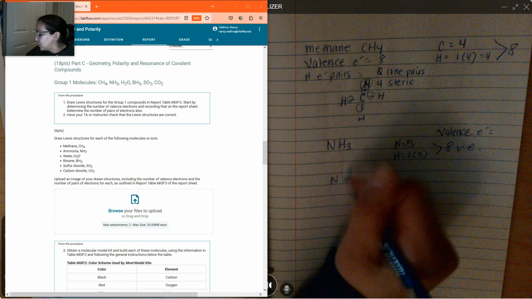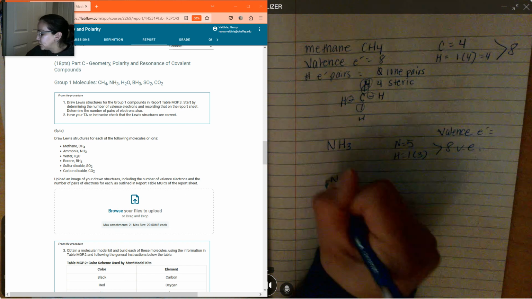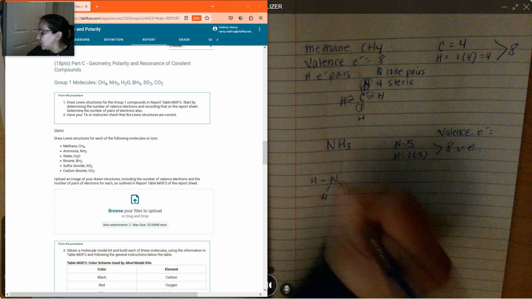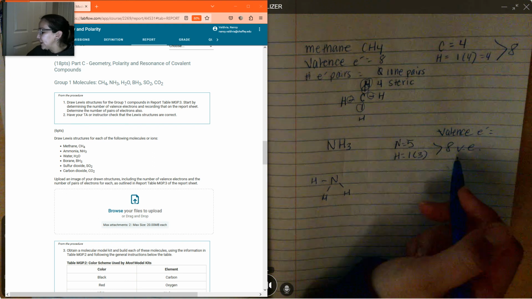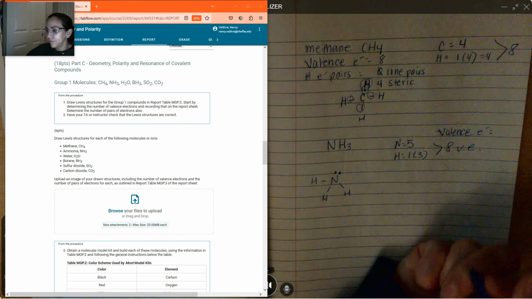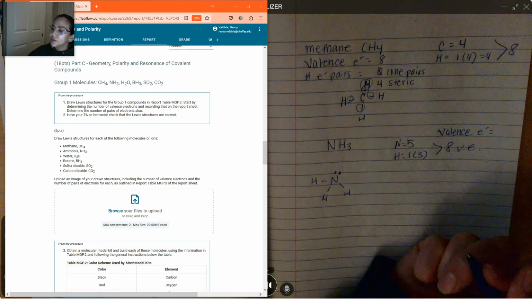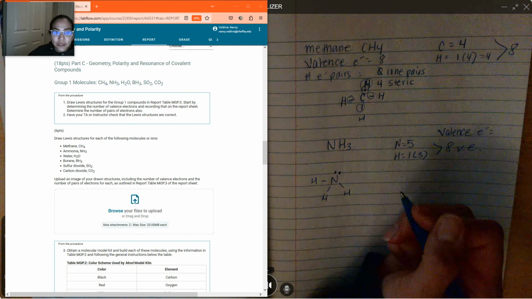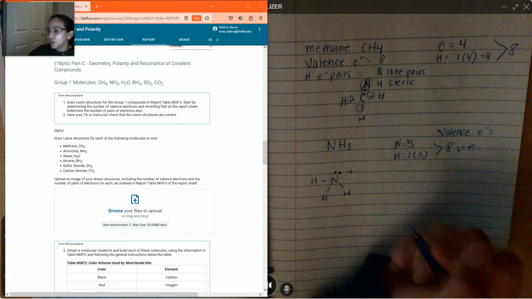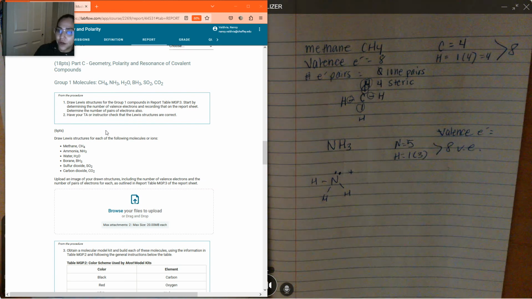I'm going to go ahead and draw this. So I have nitrogen, it's connected to 3 hydrogens, 1, 2, 3, and I have 8 electrons, 2, 4, 6, 8, right there. We noticed that this is NH3, ammonia, so it actually has a positive charge to it. It's not showing it on here, but it actually has a positive charge.